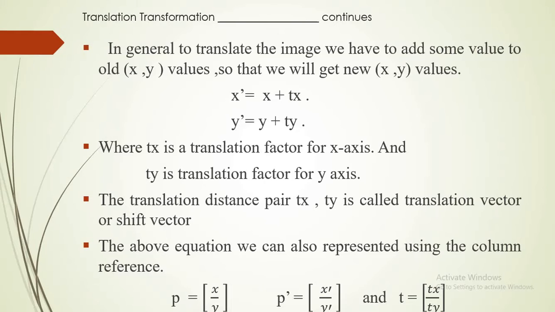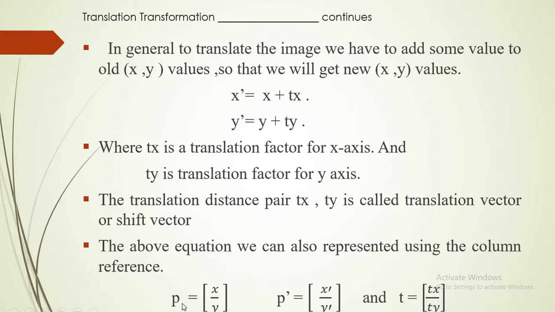So the translation of an object is possible based on this translation factor. This translation factor is also called a shift vector.